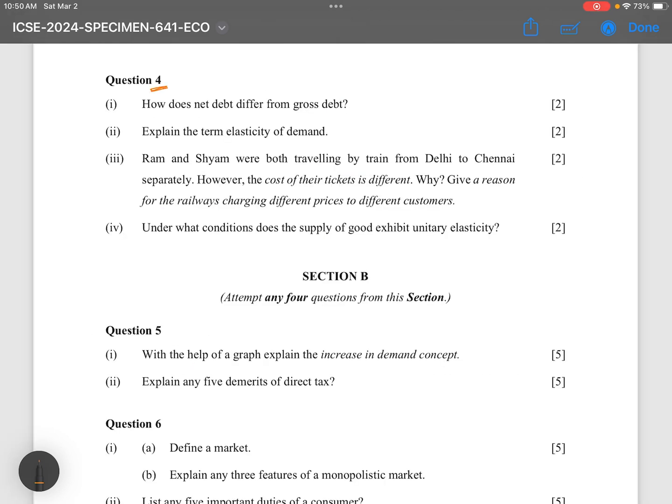Question 4, first part: how does net debt differ from gross debt? Now this is from the public debt chapter. This can be a bit confusing, so please pay attention when you're preparing this. Gross debt is the sum of all debts of the government, and net debt is the balance amount of debt after exclusion of sinking fund or other assets meant for repayment of loans.